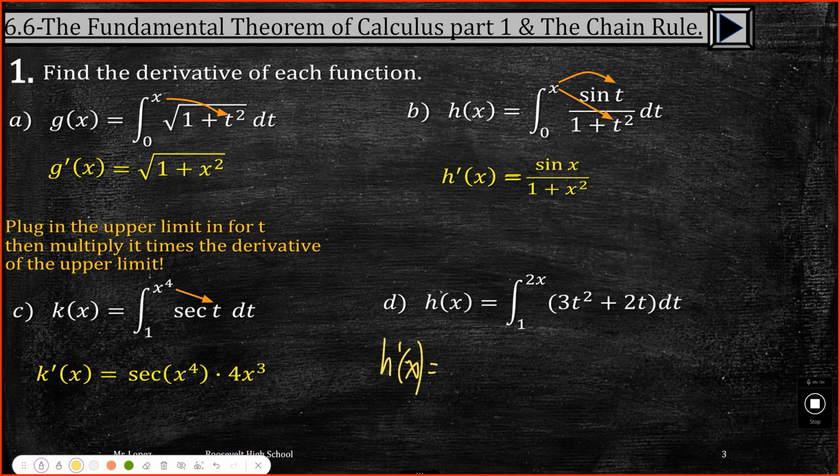Okay, so we're going to plug in 2x for every t. I'm using brackets for it. And then we got to take the derivative of that, and let's put that outside now here too.